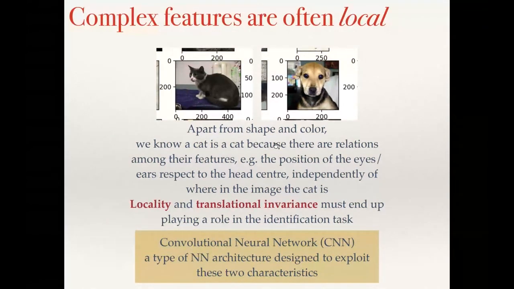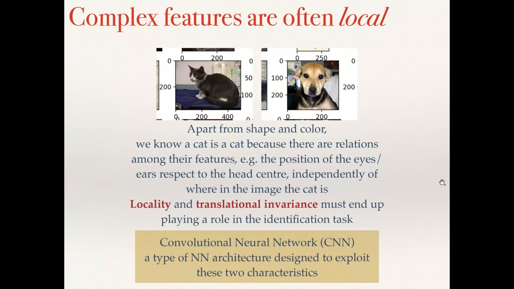So apart from shape and color, we know a cat is a cat because of other things, relations among their features, for example, as Carmen was saying, the position of the eyes, the ears with respect to the head center, and this has to be achieved independently of where in the image the cat is.